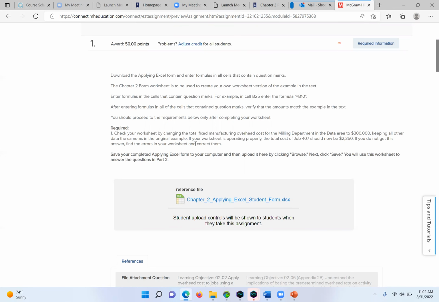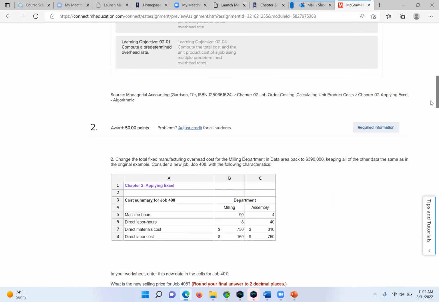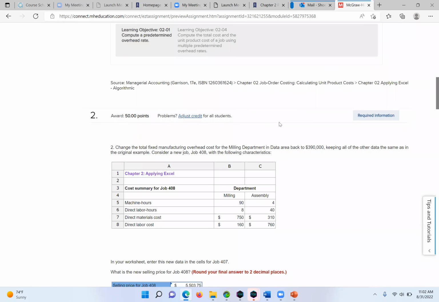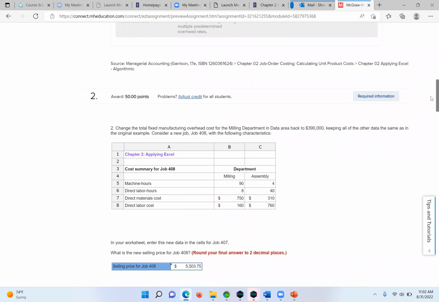If your worksheet is operating properly, the total cost of job 407 should now be $23.50. If you don't get this, figure out where you went wrong. And then from there, it will say to change the total fixed to 390, keep all the other data, and in your worksheet, you should be able to figure out what the selling price is here.